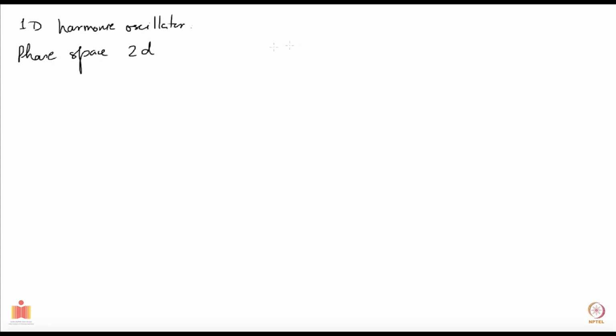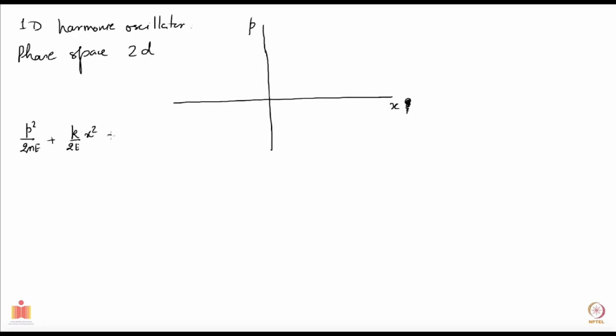So you have your axes here, X and P. Now we have the equation as p square over 2mE plus k over 2E x square is equal to 1, right?